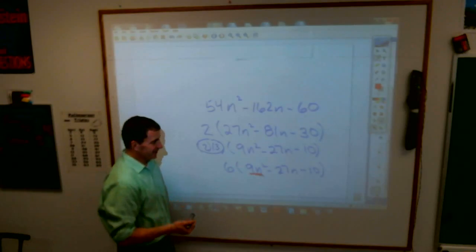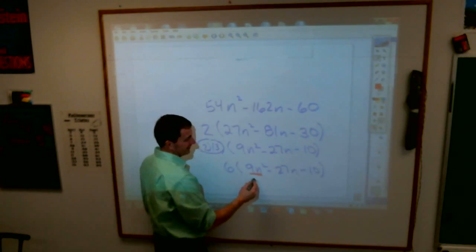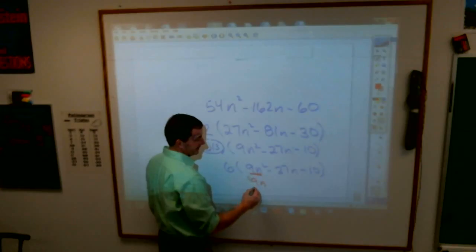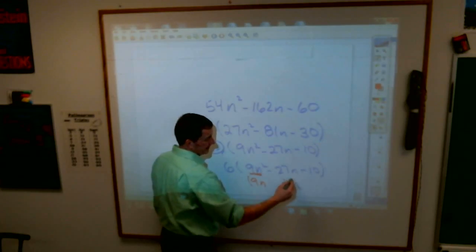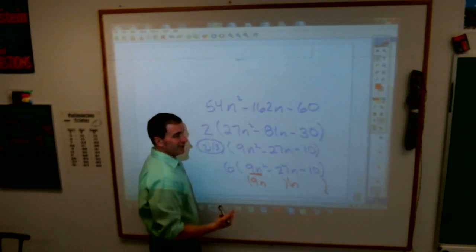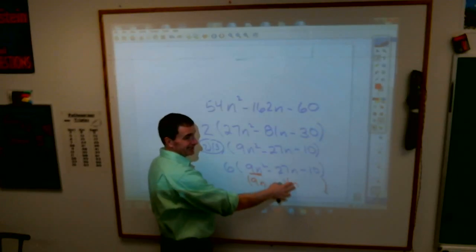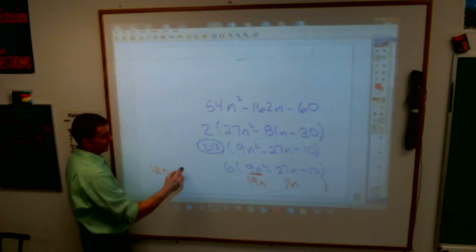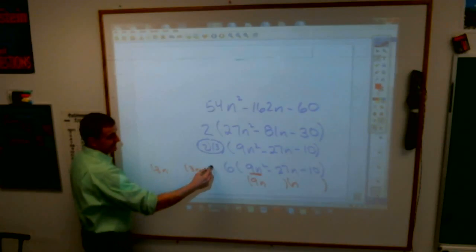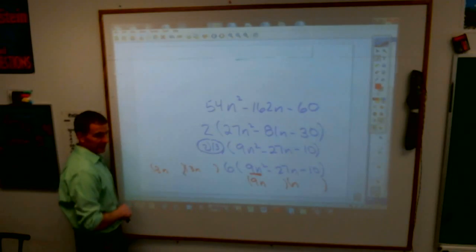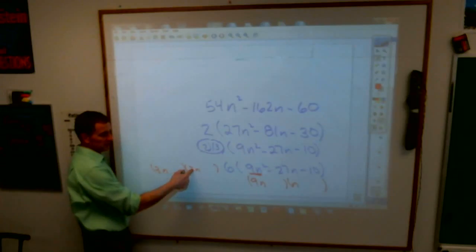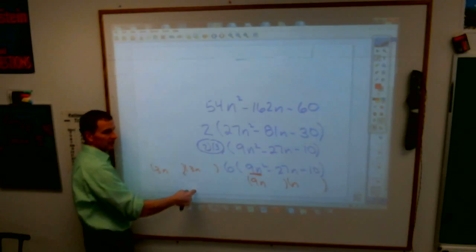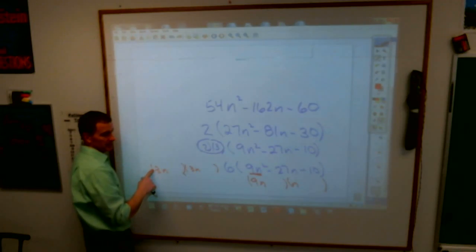Most of you are probably thinking you're going to go 9n and n. But if you can't figure out something that works with 9n and n, you would have to also try 3n times 3n. And in which case, I hate to tell you this, whatever number you put here gets multiplied by 3, and whatever number there gets multiplied by 3.